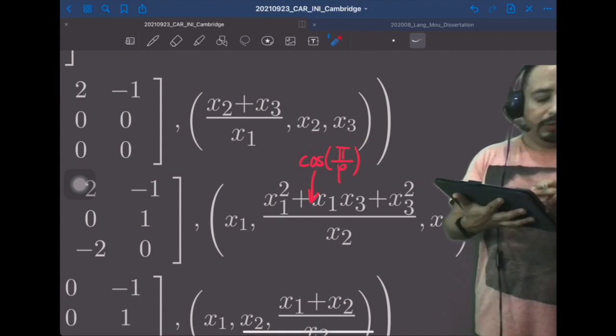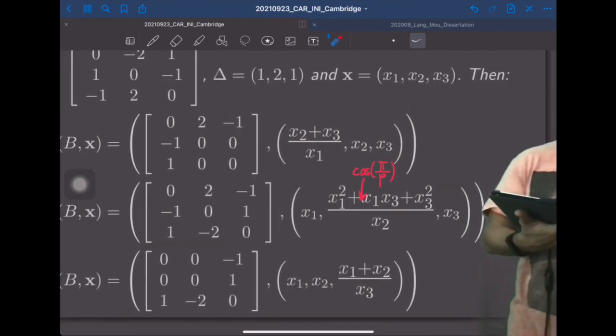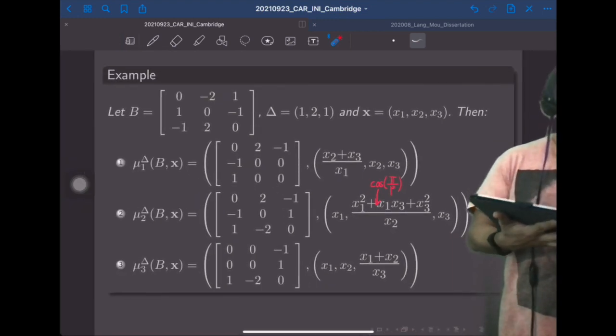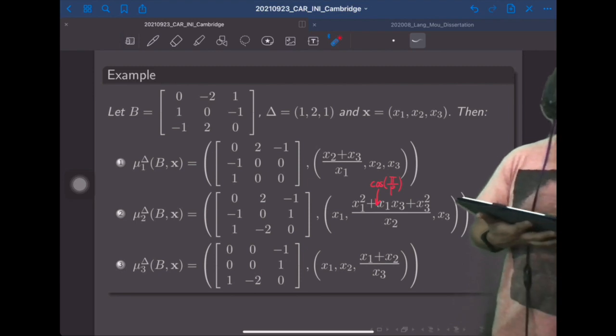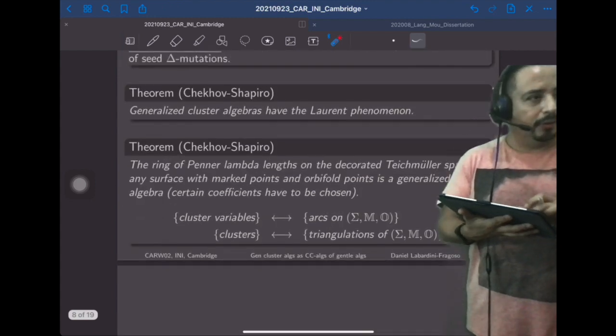But to be honest, I don't understand how to do that rescaling. So right now I would say I don't know how to obtain orbifold points of higher degree. Thank you for the question.